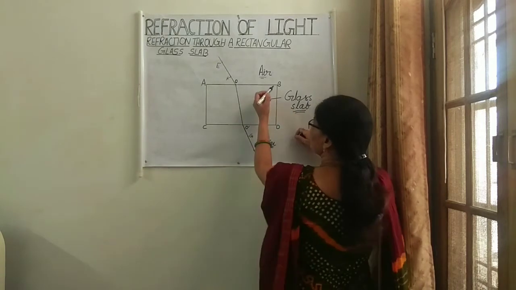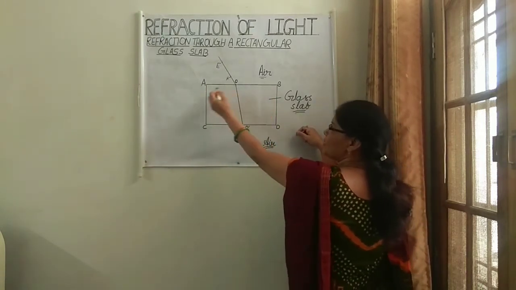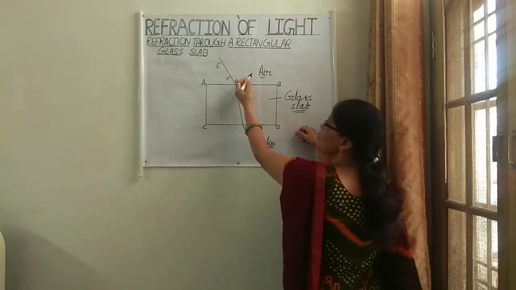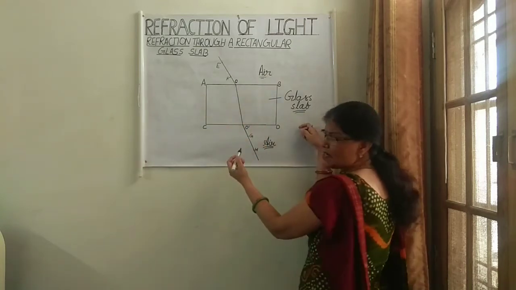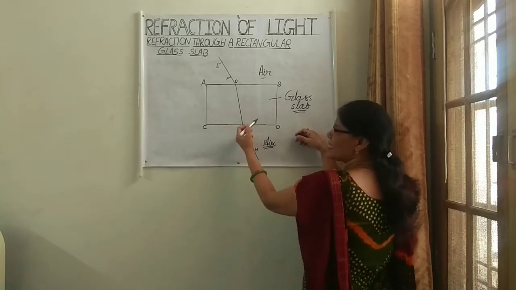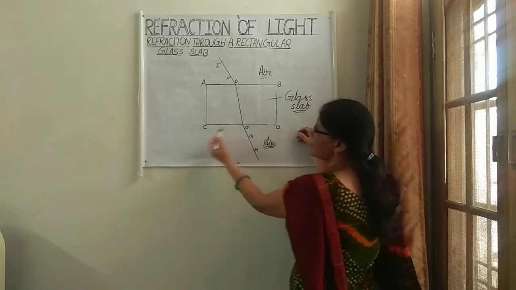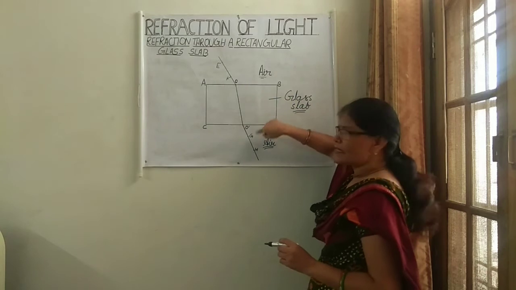So AB is the interface between the 2 mediums, air and glass, and CD is the interface between the 2 mediums, glass and air. So we have air, glass and air.